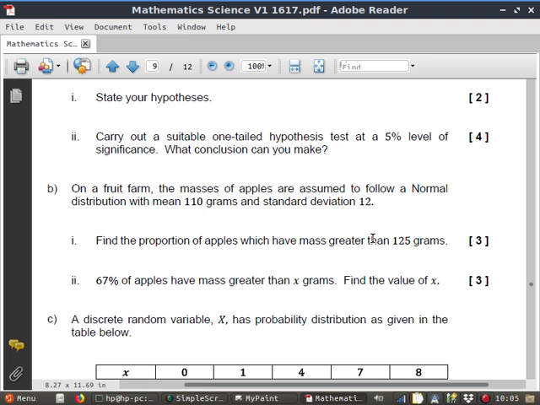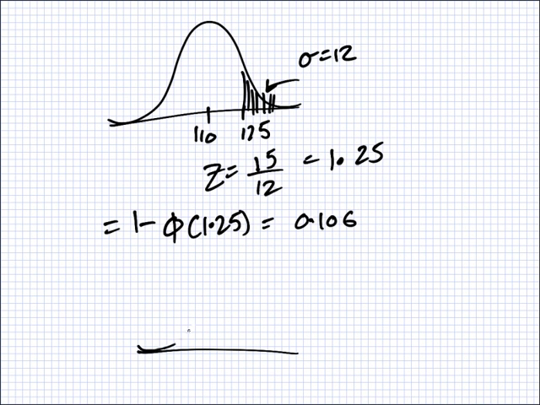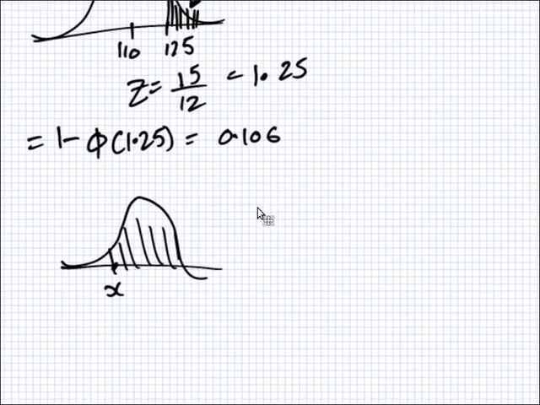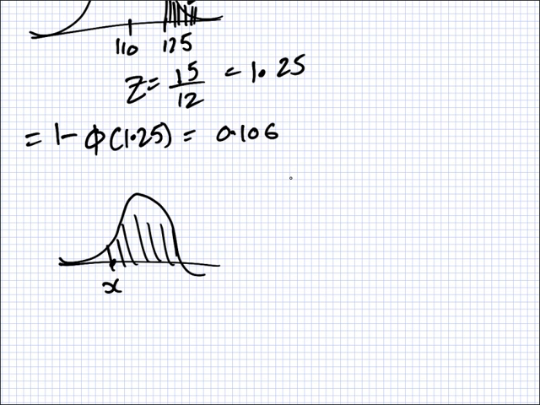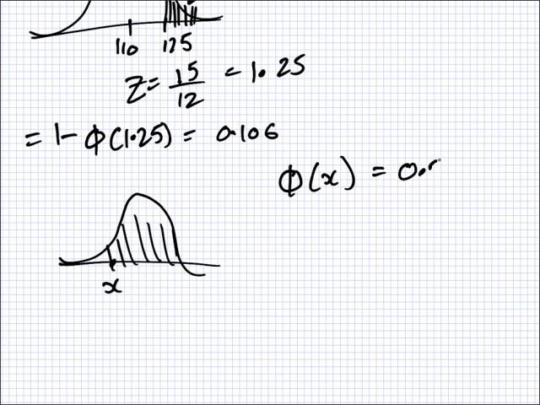67% of apples have a mass greater than X. Find X. Okay, so they're saying that there's some point on the distribution where 67% of it is more than that. So if you go to the formula book, you're looking for the area to the left to be 0.33.